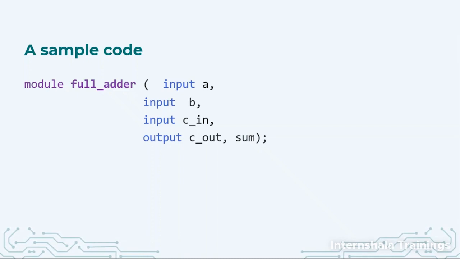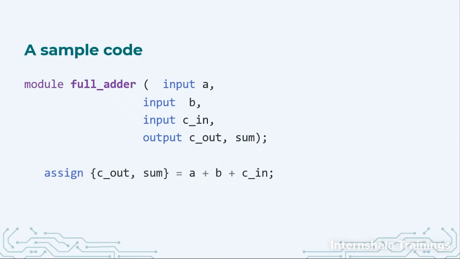The next thing is the assign statement, where we are assigning the output equal to the addition of all the inputs. Once the assignments are done, there can be multiple statements here. Once those are done, then we say endmodule. So this is one very simple Verilog code, but it demonstrates the structure of a typical Verilog code.